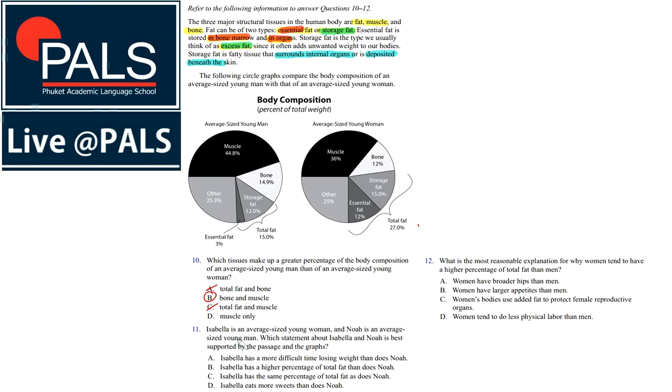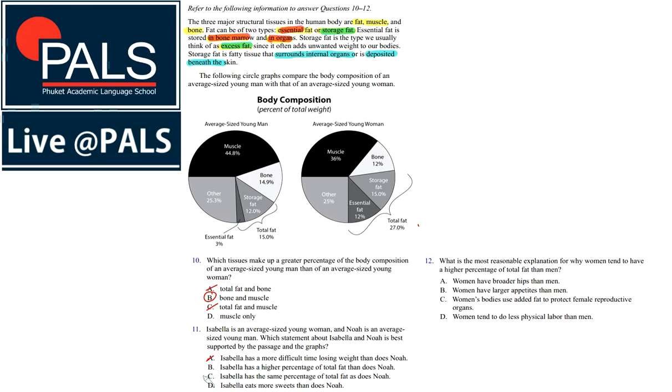So Isabella is an average-sized young woman, and Noah is an average-sized young man. Which statement about Isabella and Noah is best supported by the passage and the graphs? Isabella has a more difficult time losing weight than does Noah. That's not really supported. It's not about losing weight.